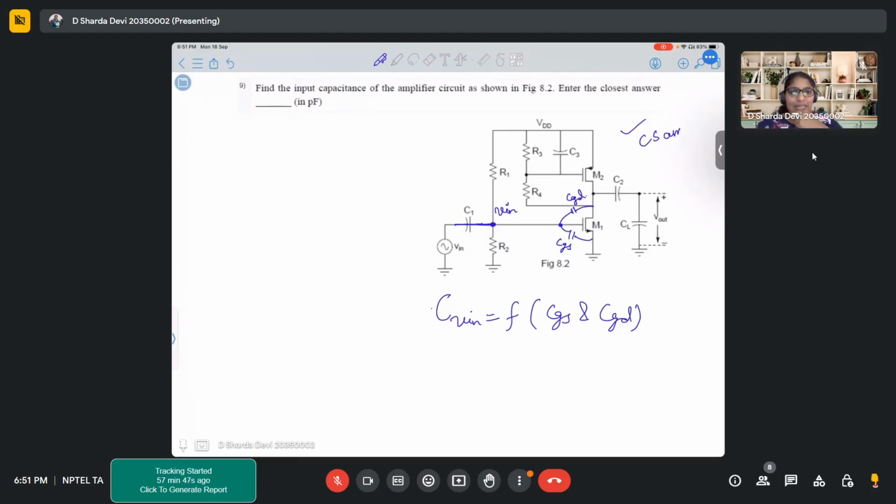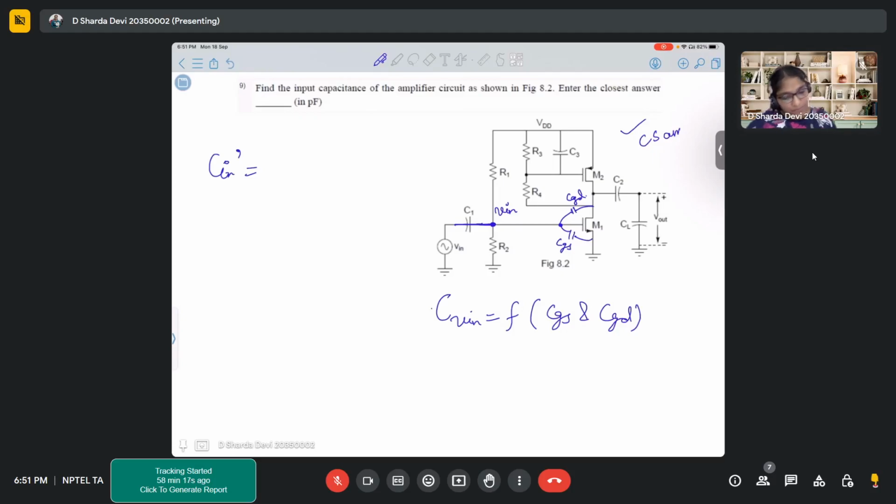Am I leaving any capacitor behind? No, ma'am. And then you can also observe the Miller capacitance, because of CGD, how will it come? How will your CGD look?